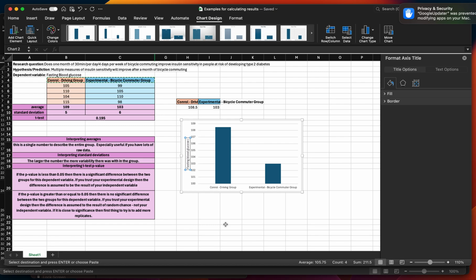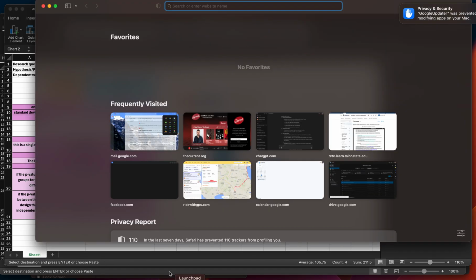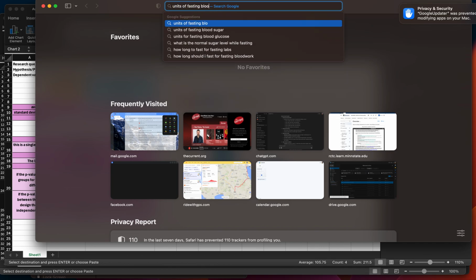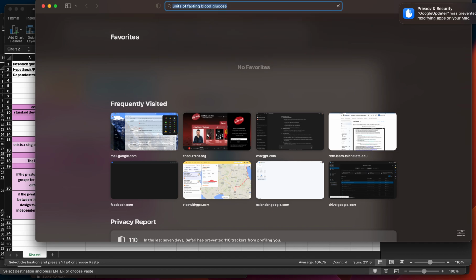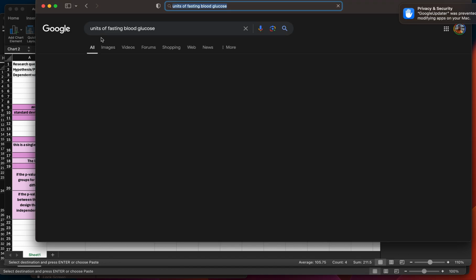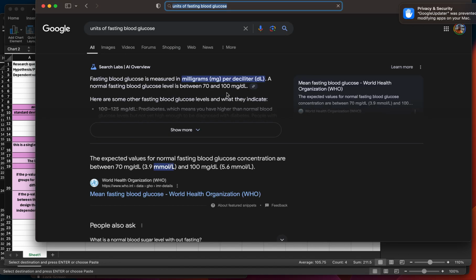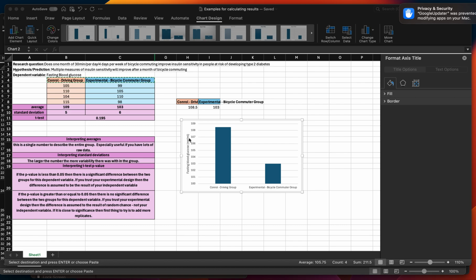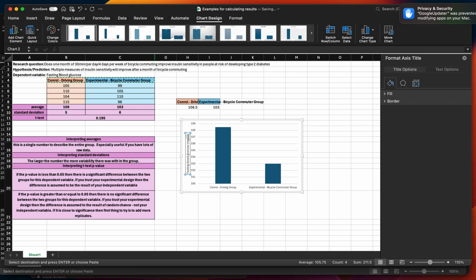Units are mgs per mil, I think. That doesn't seem right. What are my units? Units of fasting blood glucose. I should know this, but hey, I don't, so use the internet. Mgs per deciliter, not mgs per mil. Mgs per deciliter.